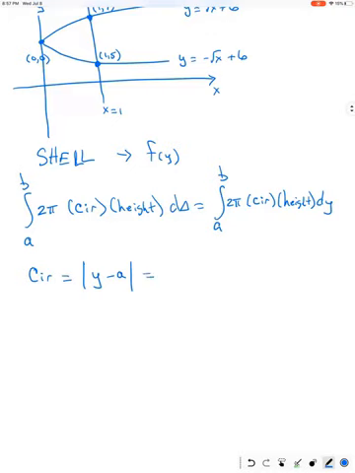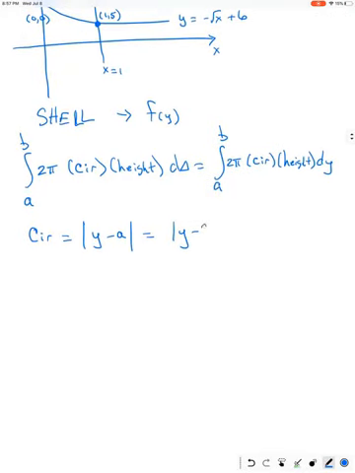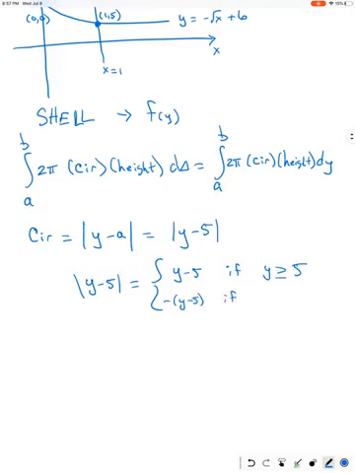In our case, this is the absolute value of y minus 5. That absolute value is a piecewise function: y minus 5 if y is bigger than or equal to 5, and minus (y minus 5) if y is less than 5.